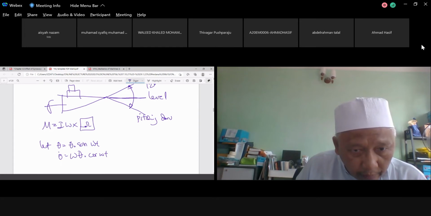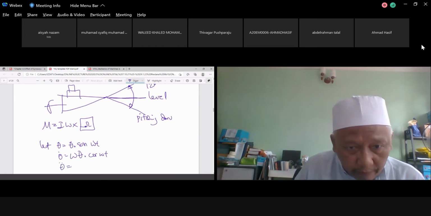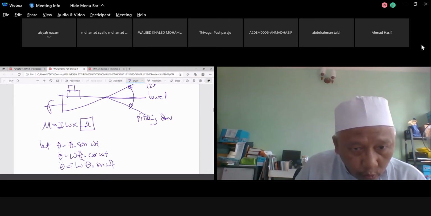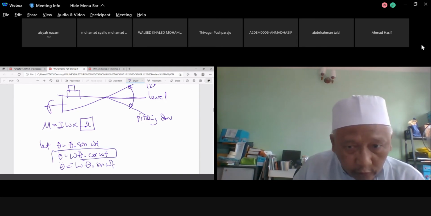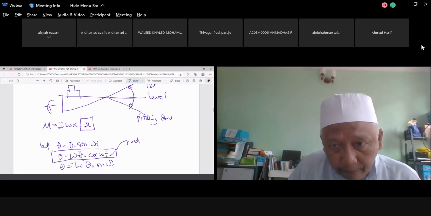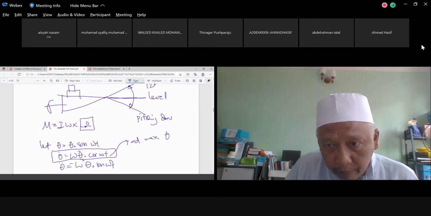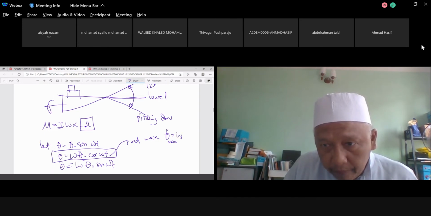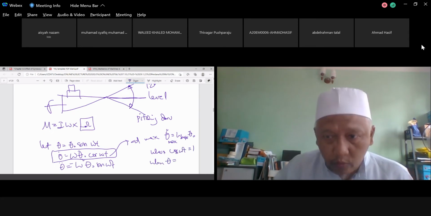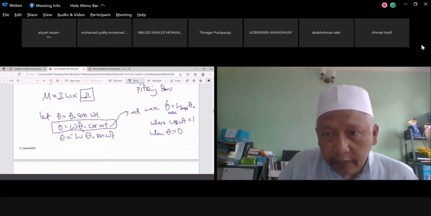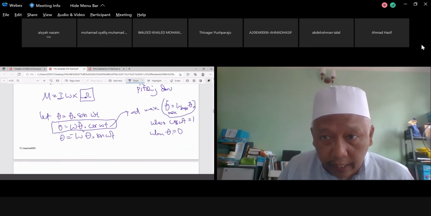Theta double dot equal to minus omega squared theta naught sine omega t. We focus on the velocity, so put it at maximum. You find that theta dot maximum is omega maximum theta naught, where cos omega t equal to 1 and theta equal to 0. You get marked for that.